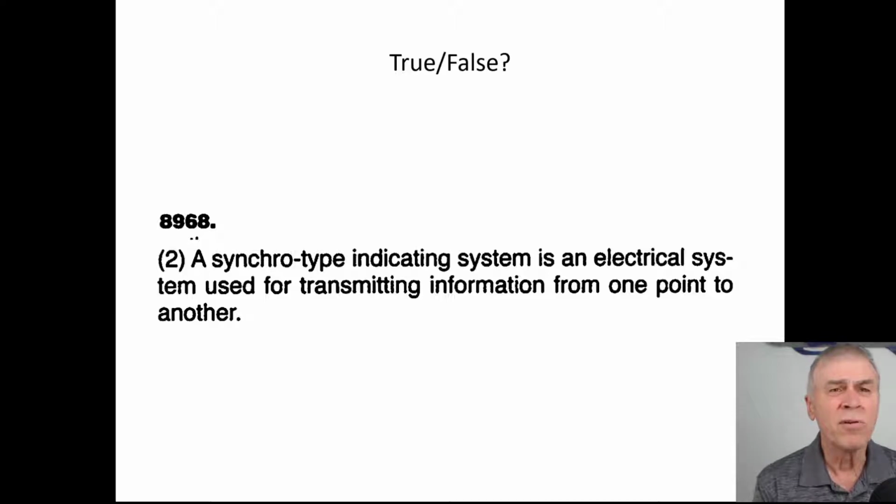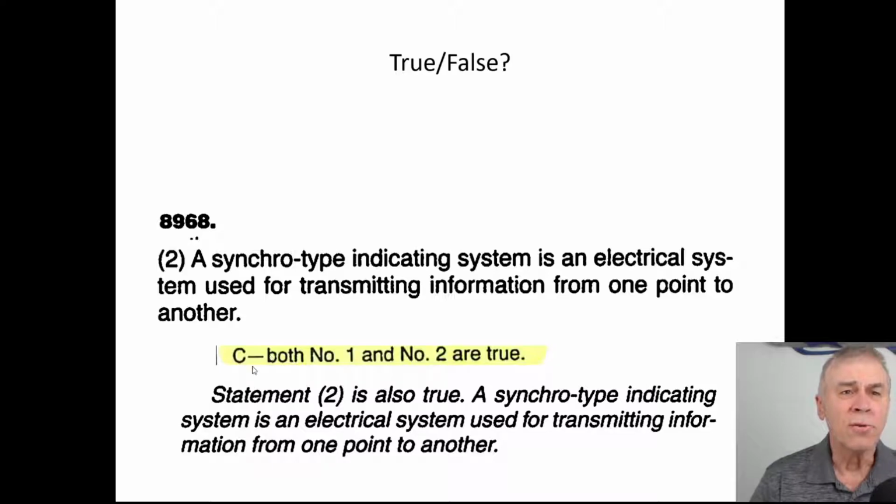What's two? A synchro type indicating system is an electrical system used for transmitting information from one point to another. I can't really find anything wrong with that sentence. It certainly is an electrical system, and it does transmit information from one point to another, so that is also true.